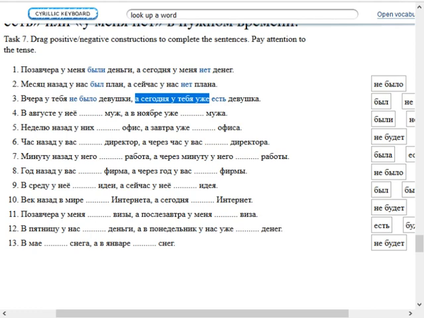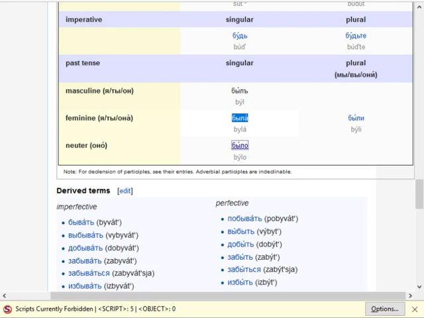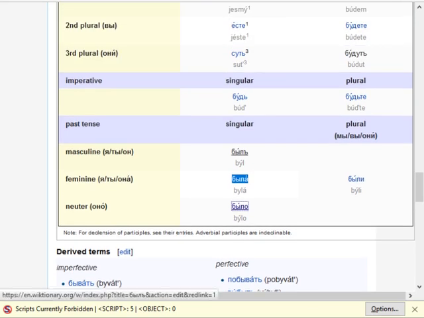In August, she did not have a man or husband or whatever. So let's go ahead and look at быть. And for past tense masculine, it's был.